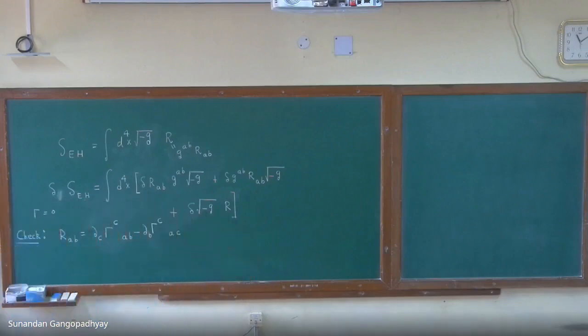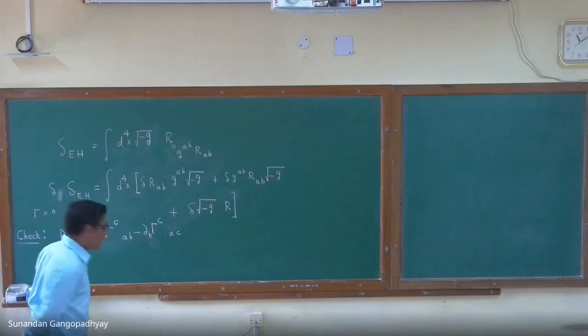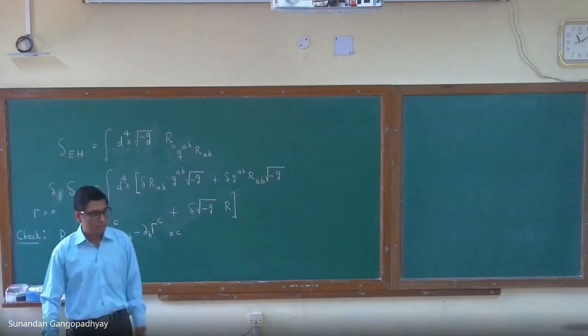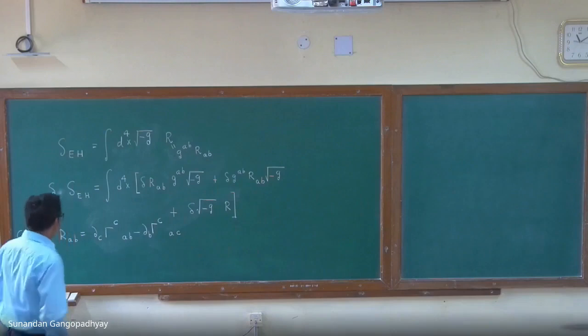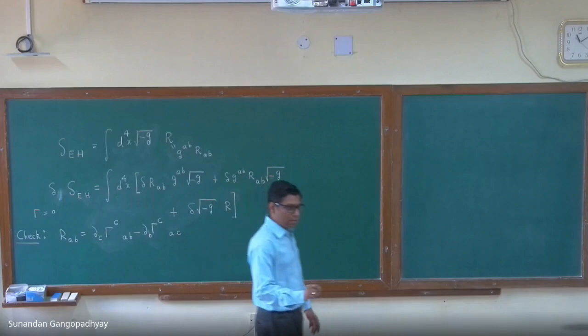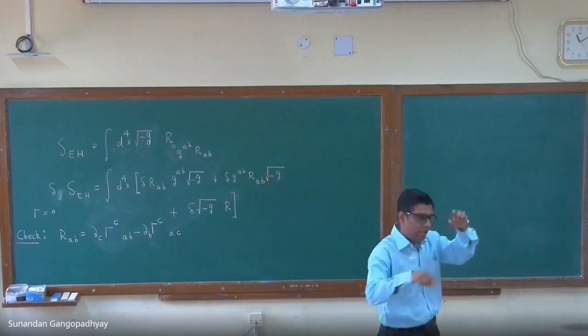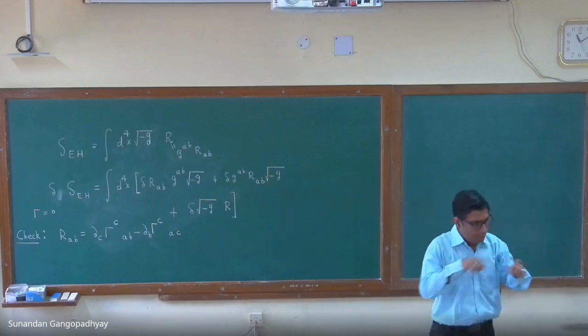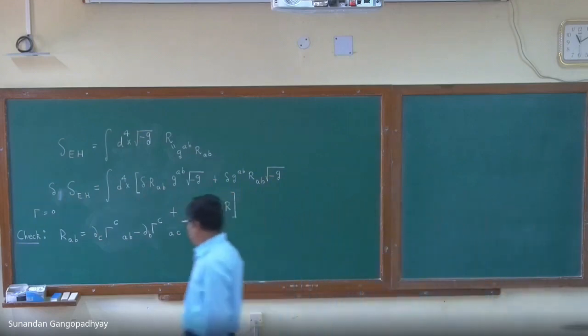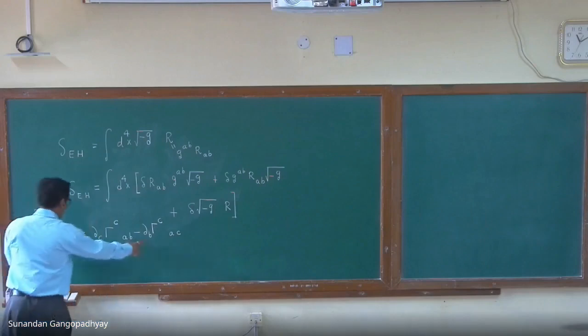I will check: del_C gamma^C_{AB} minus del_B gamma^C_{AC}. This is correct. That is why I told you please check it. Write down the most general form of the Riemann tensor and contract it. Contraction of the Riemann tensor's first and third index gives you the Ricci tensor, and then the product of two gammas is zero. This is true here.